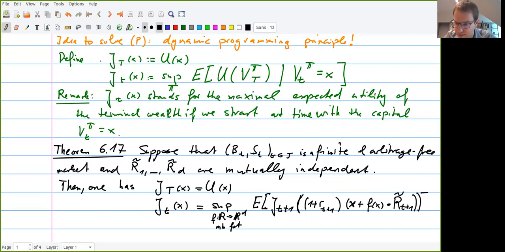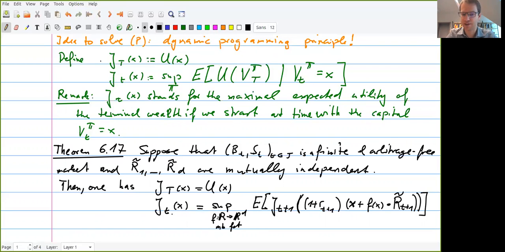And so you see, if you start at the terminal time trading with the capital x, there's no trading period going on anymore. So the expected utility is just your utility of the amount you have at the terminal time.